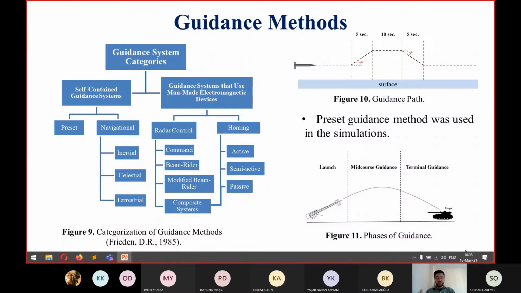And even though preset guidance is the most basic guidance methodology, this guidance method is widely used even with many of the latest high-tech weapons, because preset guidance has utmost stealth capability. You do not emit anything. You do not give your enemy a chance to catch your munition. Therefore, I want to make a simulation for preset guidance.